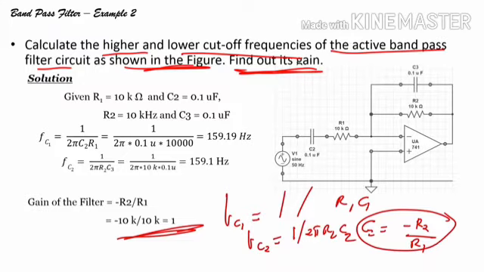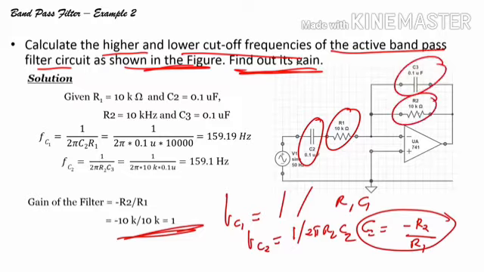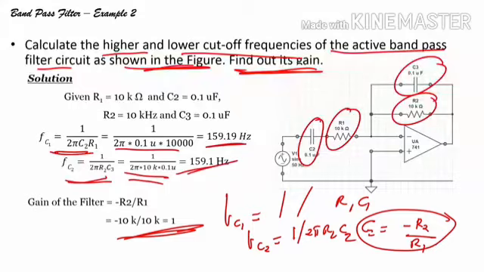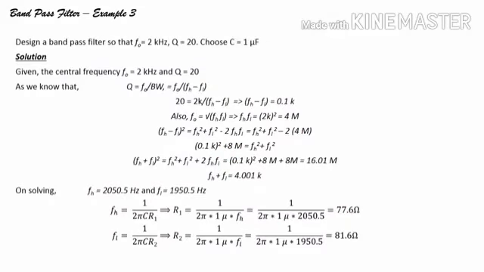So, FC1 equals 1 upon 2 pi R1 into C2, because C2 is here. R1 is here, FC2 equals 1 upon 2 pi R2 C3, right. Substituting the values, we get the values of FC1 and FC2. Very easy, right.